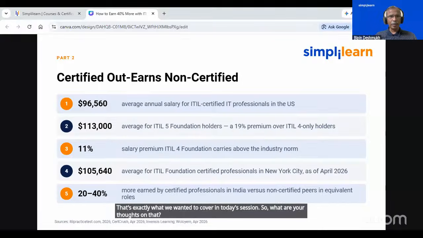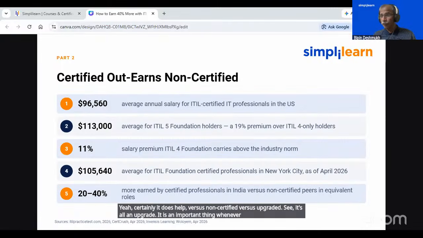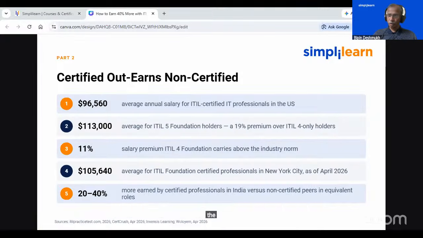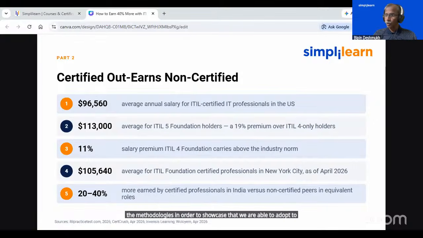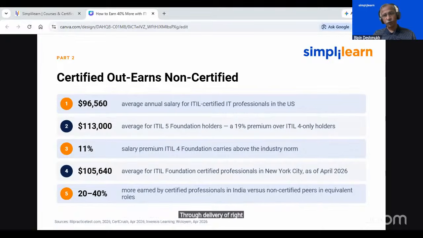Yeah, certainly it does help. Certified versus non-certified, see, it's all an upgrade. It is an important thing. Whenever we are in any field, we need to upgrade ourselves to the latest technology, frameworks, and methodologies, in order to showcase that we are able to adapt to the changing world and the new way of working, and adapt to the way in which we can deliver better value to our customers and users through delivery of the right products and services in line with their expectations.